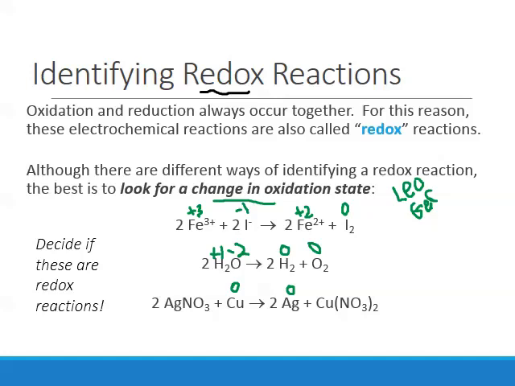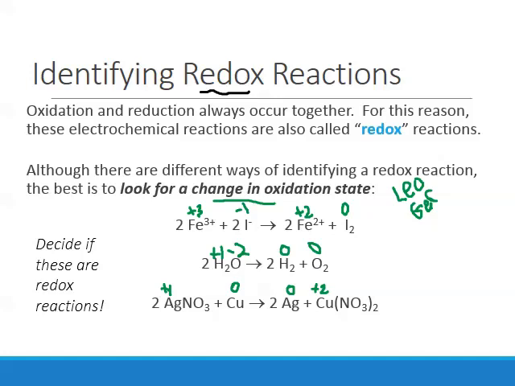The copper on the left is 0, and on the right, the copper is not 0, it's part of a compound. Now on the right, we see that's an ionic compound with 2 nitrates bonded to the copper. So that copper is an ion with a charge of +2 as an oxidation state. The silver on the left has 1 nitrate bonded to it. Nitrates are -1, so that silver is +1, and that's its charge and oxidation state.